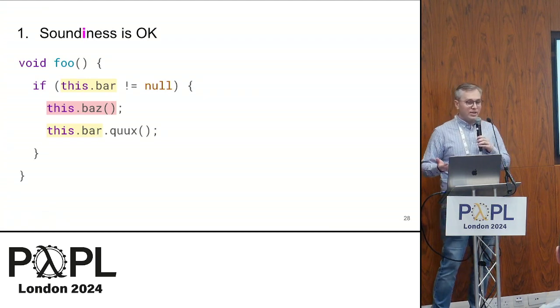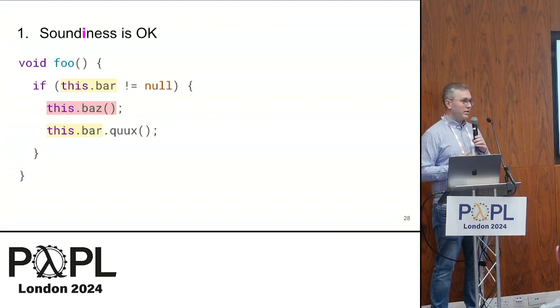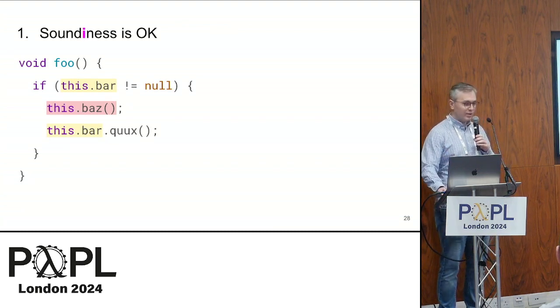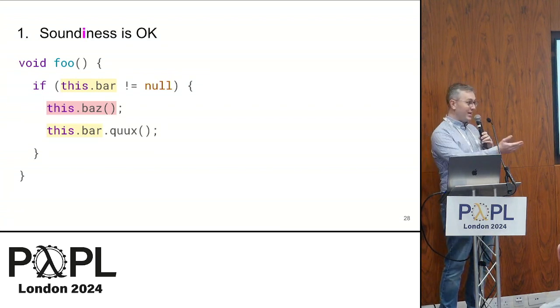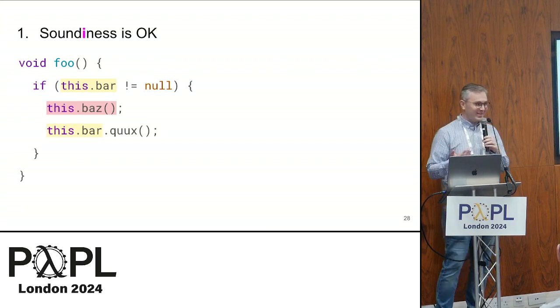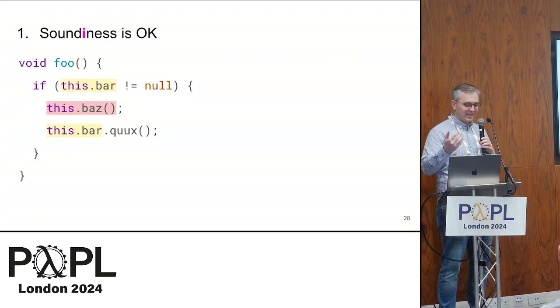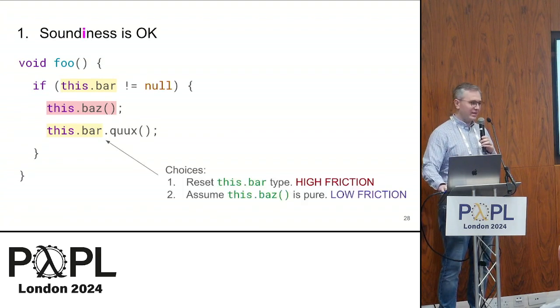So this is bad, and this adds a lot of friction, and we couldn't really afford this. So what we did instead, we assumed that all Java methods are pure, which may be appealing to the Haskell programmers here. But it was also appealing to our developers because they didn't have the kind of friction that they would have otherwise.